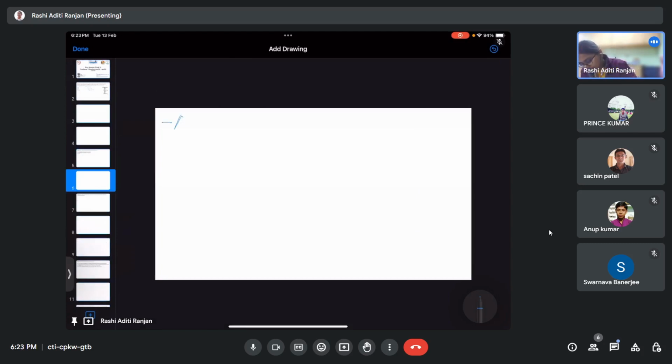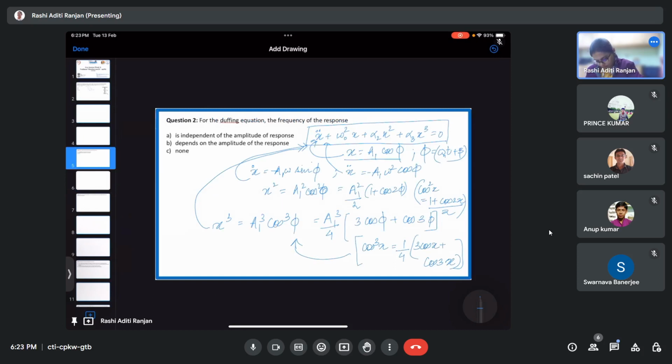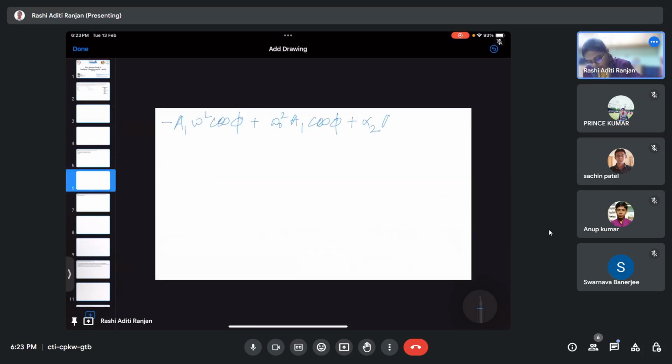I'm going to get minus a1 omega square cos phi, right? Then I'll get plus omega naught square a1 cos phi. Then I'll have plus alpha 2 into the expression of x square, which is this one: a1 square by 2 into 1 plus cos 2 phi.